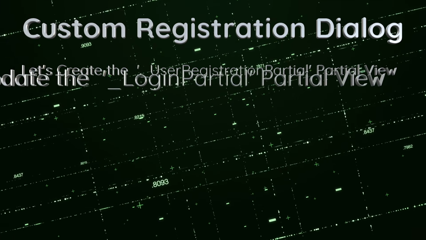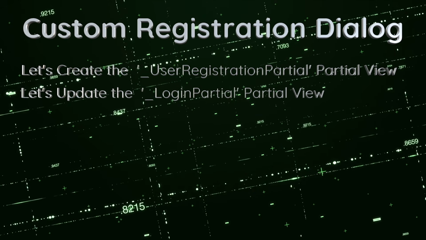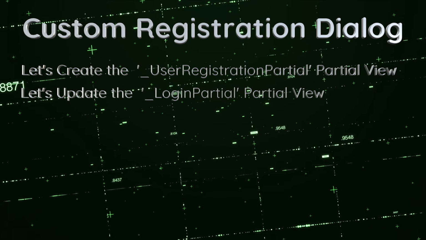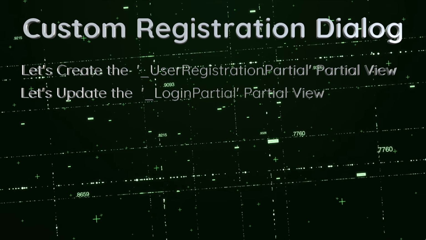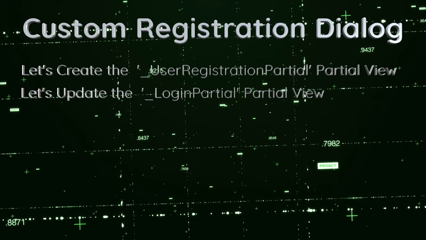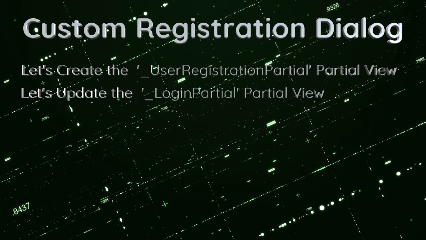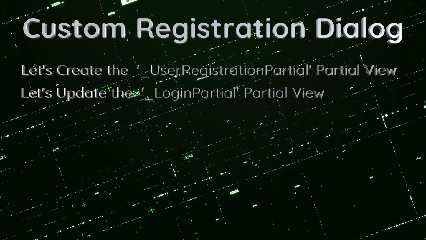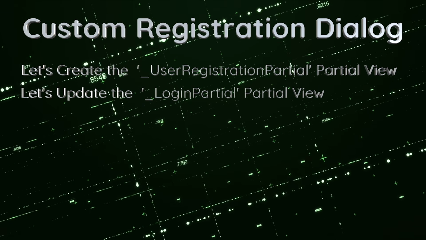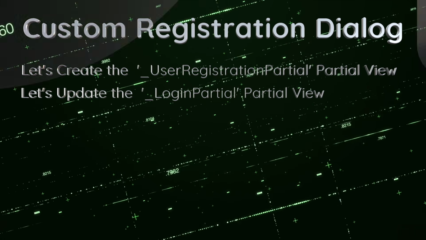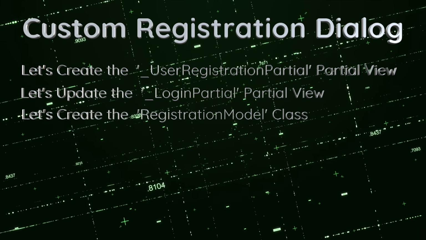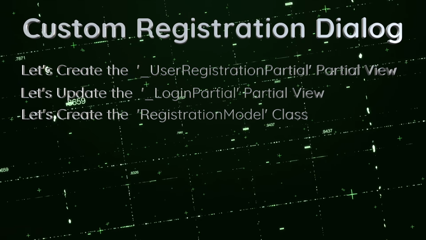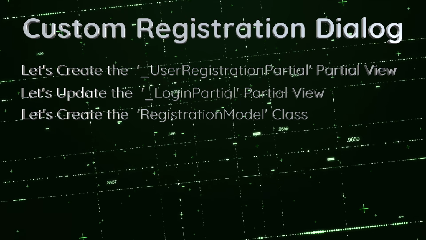Let's update the _login partial view. We'll update this partial view so that when the user clicks the register menu item, which is a menu item in our application's main menu, our custom modal register dialog will be presented to the user, as opposed to the default registration page provided by the identity system. Let's create the registration model class. This class will represent an MVC model that will contain the public properties denoting the form fields of our registration dialog.